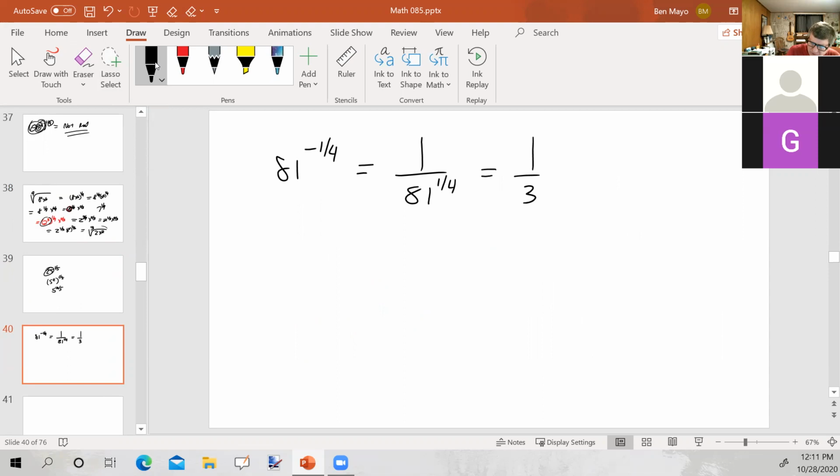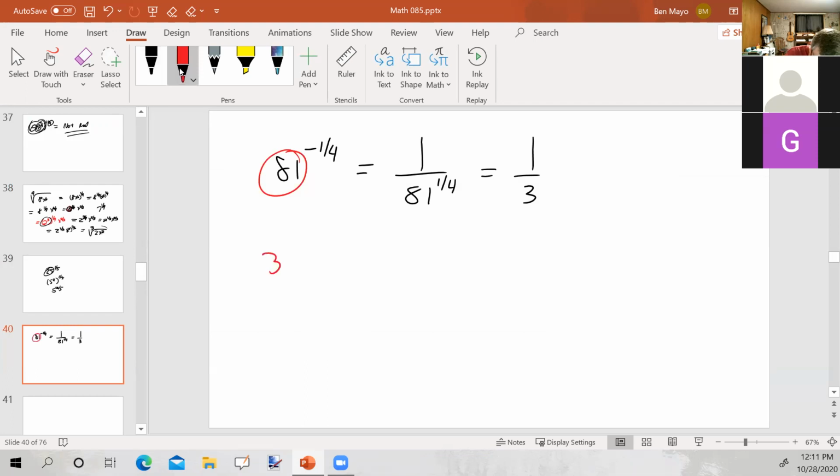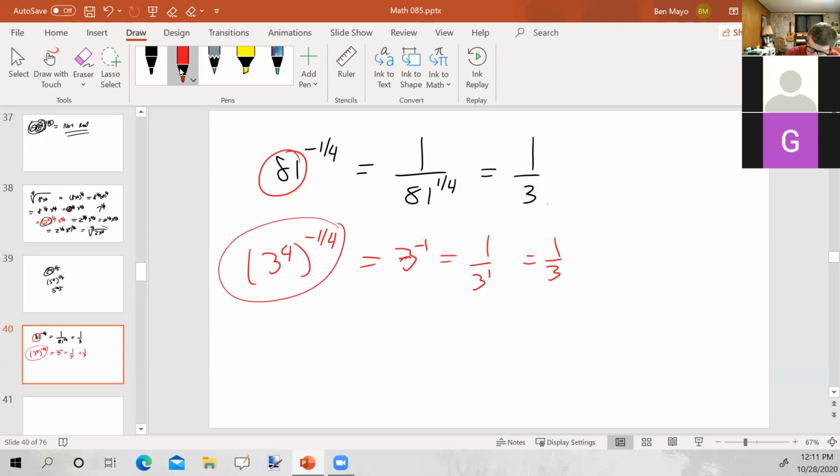Okay, the fourth root of 81 is 3. Here's another way I could do it. I could say, well, that is 3 to the 4th power. So now I've got 3 to the negative 1 power, which is 1 over 3 to the 1, which is 1/3. So that's using that same idea that I just used. In this case, I didn't have to, but I certainly could do that. You see what I did there?